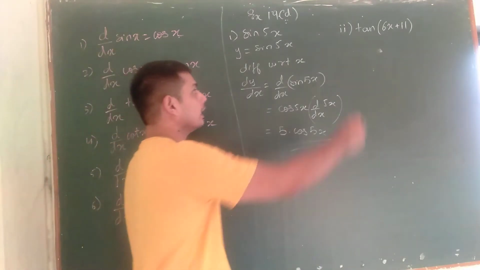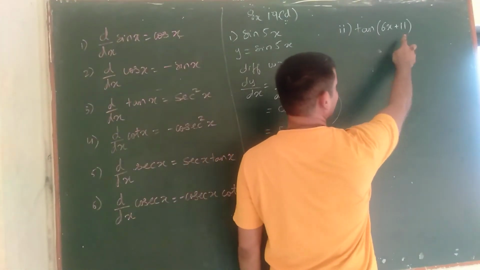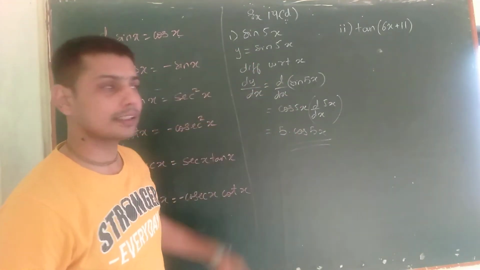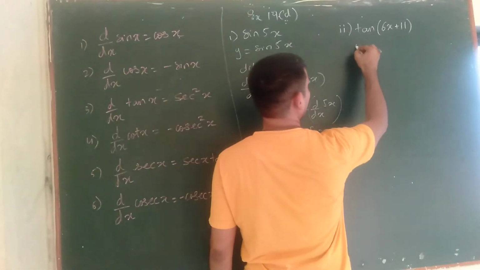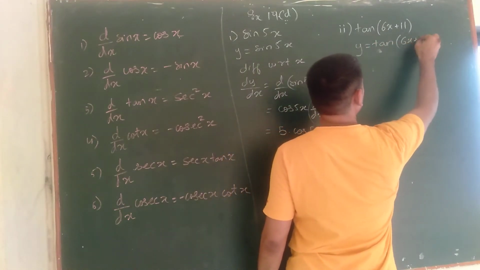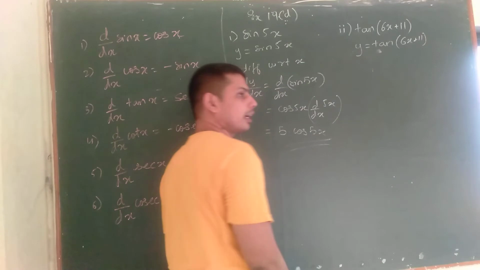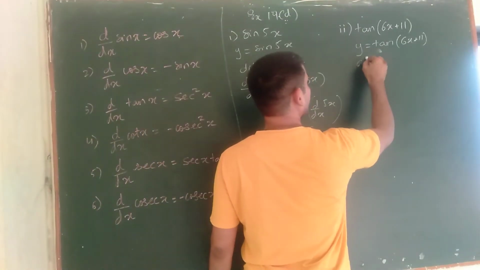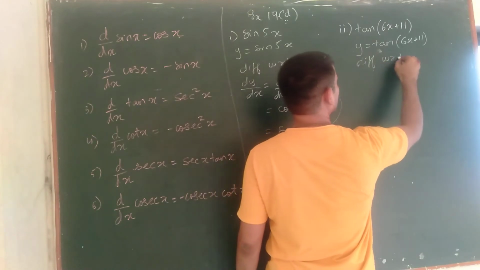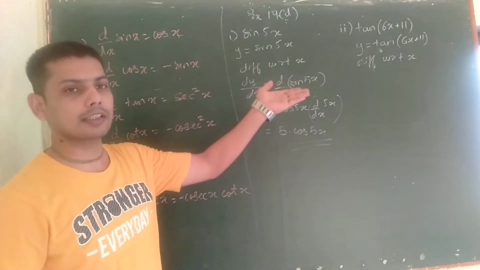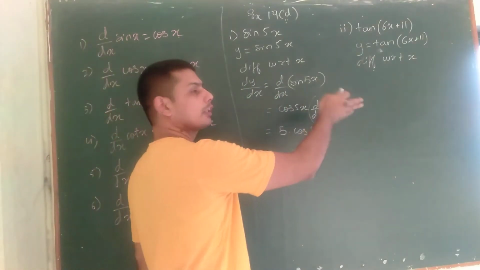Okay. So let us see the other example, which is tan of 6x plus 11. Similarly, we will go step by step as we did in this one. So let y be equal to tan of 6x plus 11. The first step, we are taking that function as y. Next step, differentiate with respect to x, because the function tan is in x. So we are differentiating with respect to x.